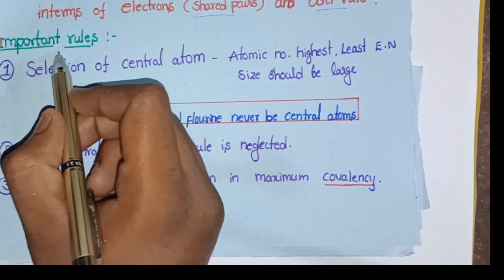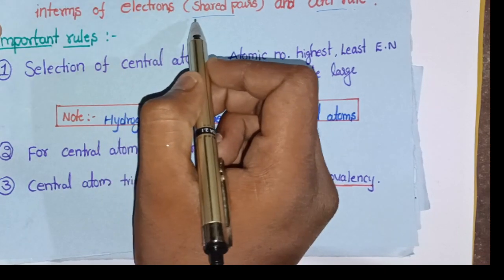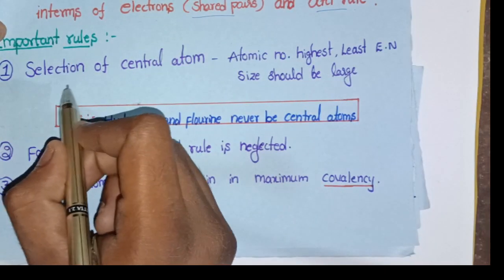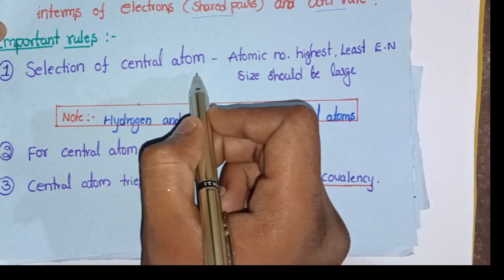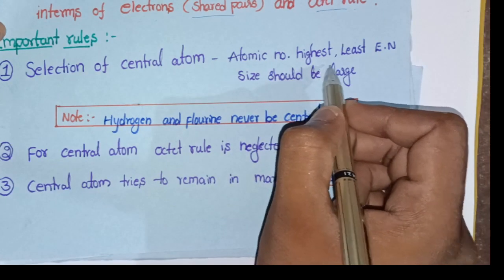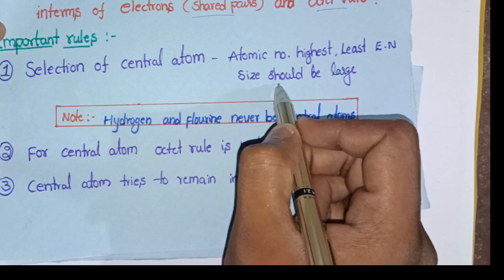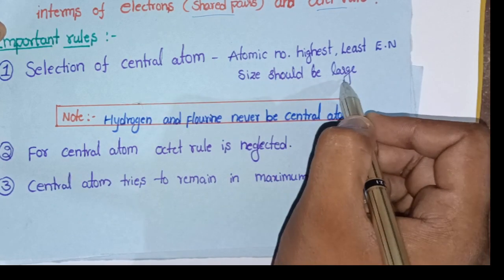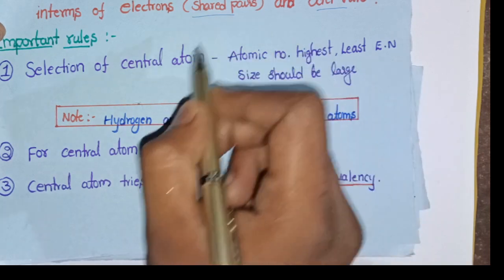Let's see some important rules to draw Lewis dot structures. The first one is selection of the central atom. The central atom must have the highest atomic number, least electronegative value, and the size should mostly be large compared to the other atoms in the molecule.